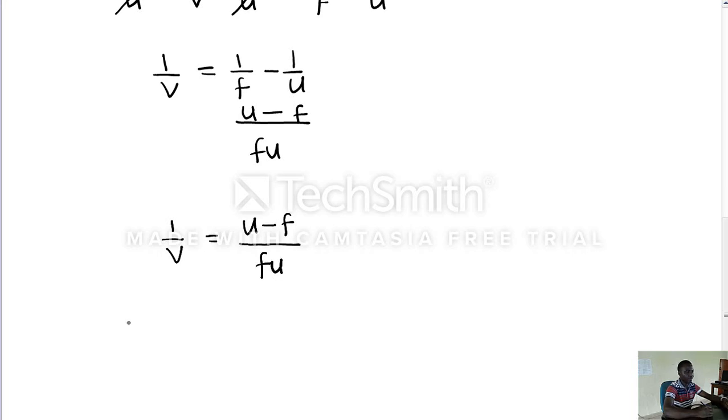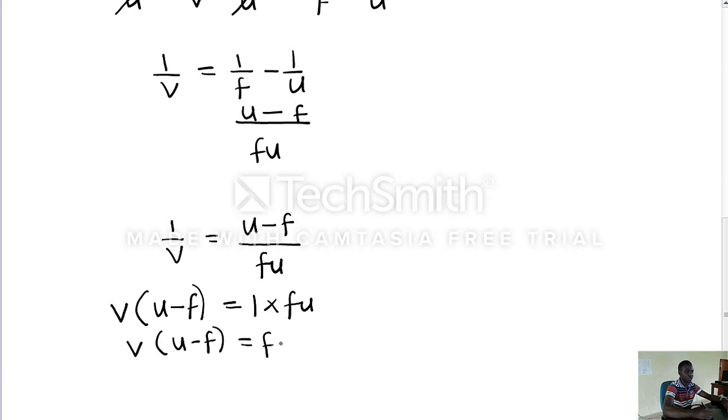Now I want to make v the subject of the formula, and what I'm going to do is cross multiply to clear both fractions, and this becomes v into bracket u minus f is equal to 1 times fu, and this becomes v into u minus f is equal to fu, knowing fully well that 1 multiplying anything is that thing.